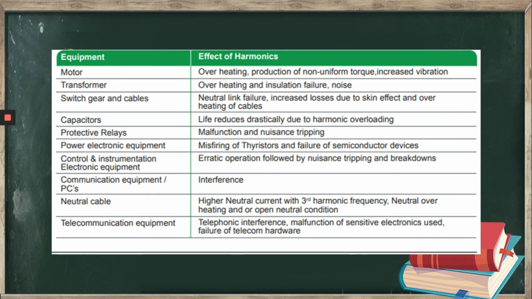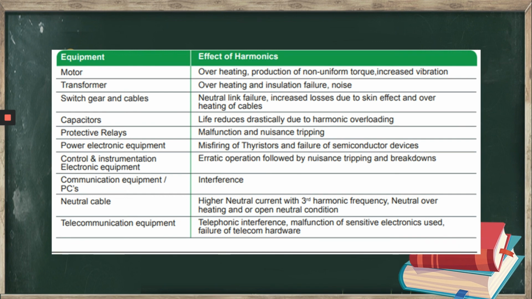Power electronic equipment can also be affected by harmonics through misfiring of thyristors and failure of semiconductor devices. Next is control and instrumentation electronic equipment, which shows erratic operation followed by nuisance tripping and breakdown. Communication equipment or PCs suffer interference.